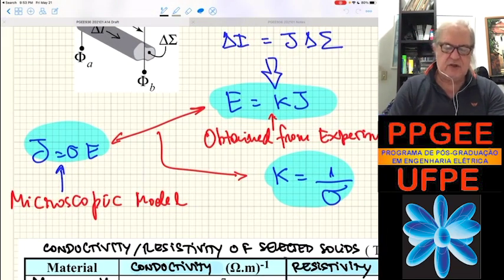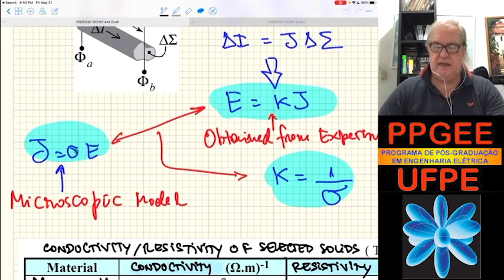So the microscopic model gives us J equals sigma E. Ohm's law gives us E equals kappa J. So it means the same result, right? These are the same things. It means that E and J are proportional, and that kappa, the resistivity, is simply 1 over the conductivity. That's a simple consequence.